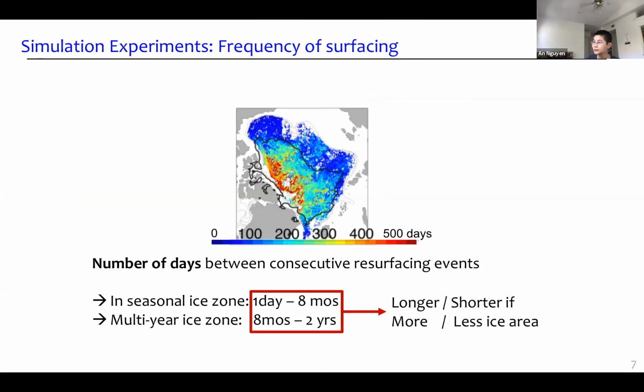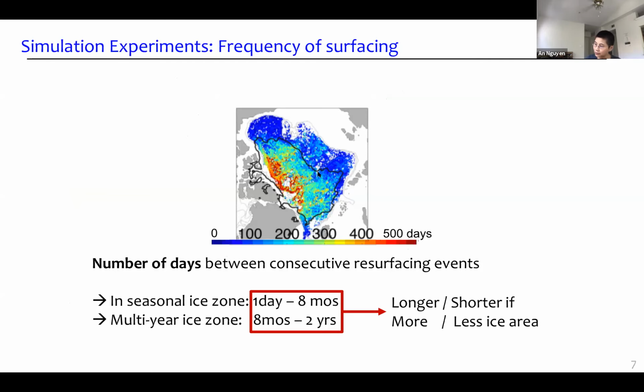On the results, the first result that we can generate is not yet on the error, but on the frequency, how often the float can surface. Because we know where the sea ice is in the synthetic run, you can calculate that statistic. This is a map of how often the float can surface in the Arctic, and I also overlay the contour for the decadal minimum sea ice extent.